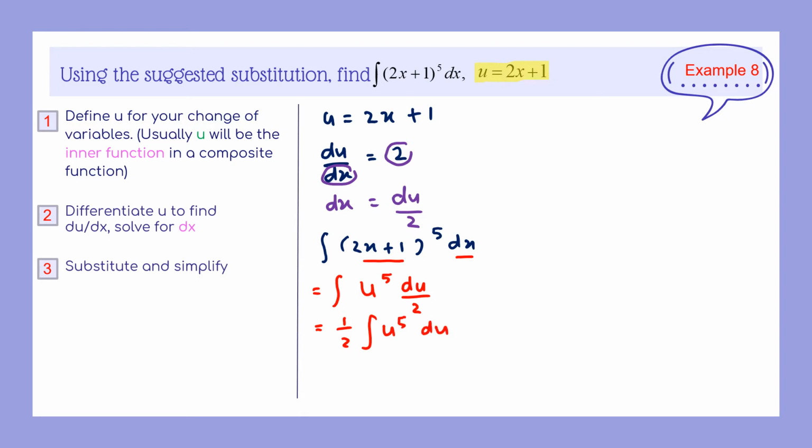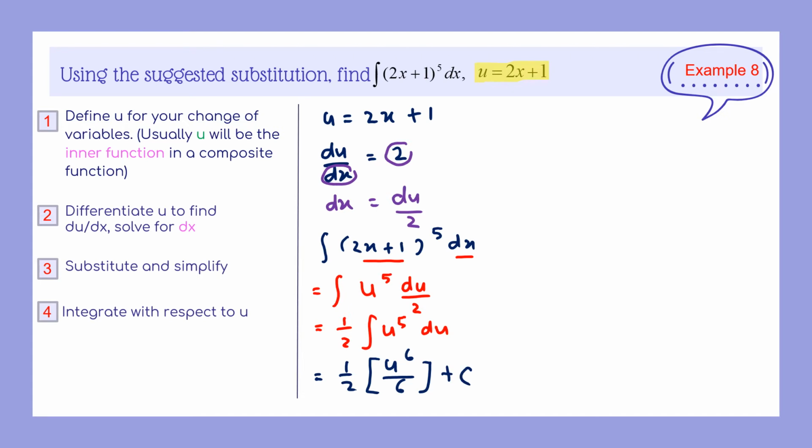And then step 4, we integrate with respect to u. Kita integrate this one, so we get 1 over 2, integrate u^5, we get u^6 over 6 plus c.